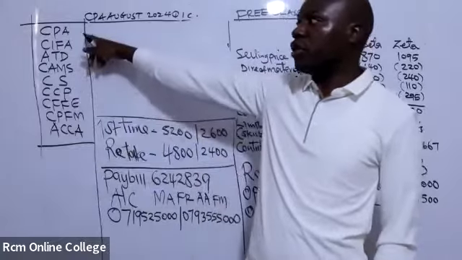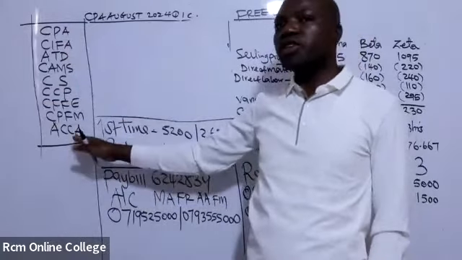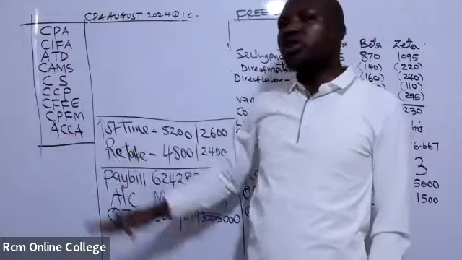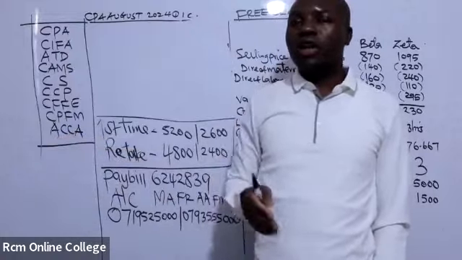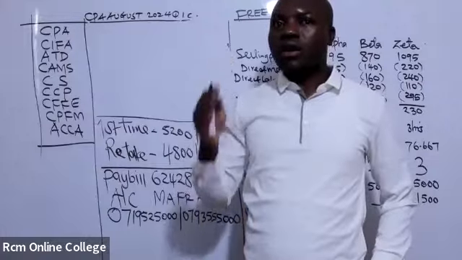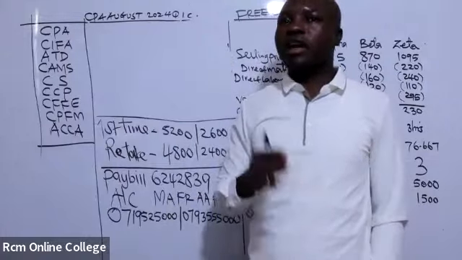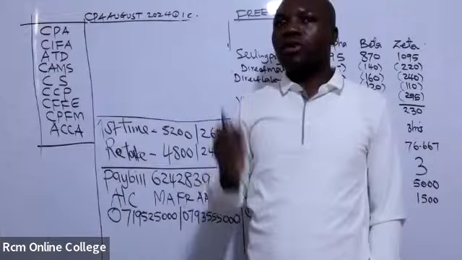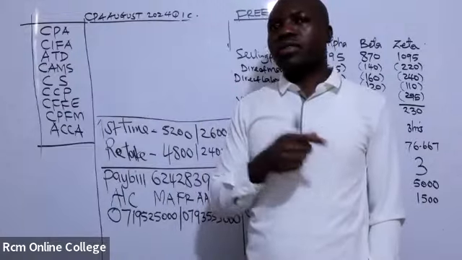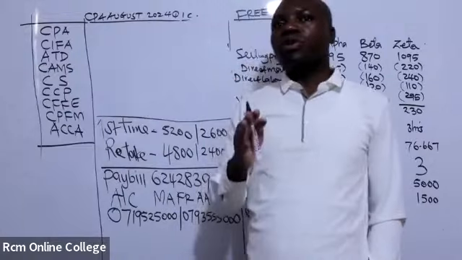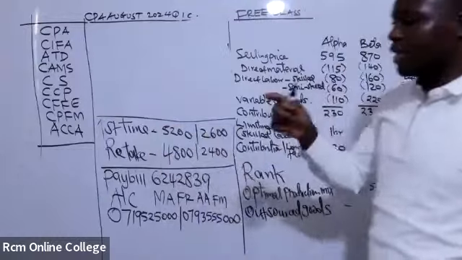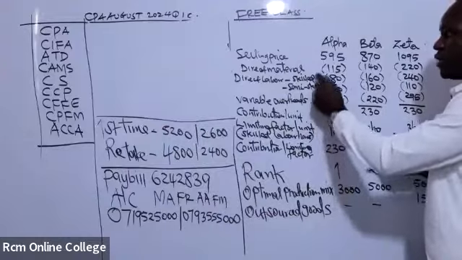Because you clear your CPA, you get exemptions in taking ACCA. You clear your ACCA, you now become an international accountant who can work anywhere in the world, courtesy of RCM Online College.